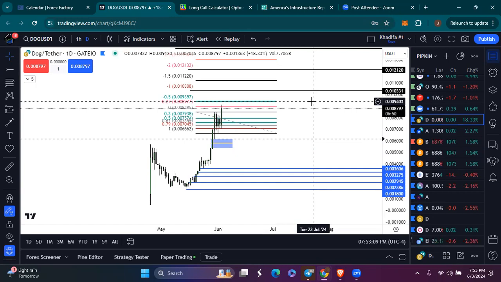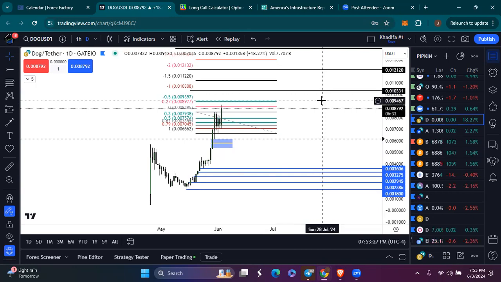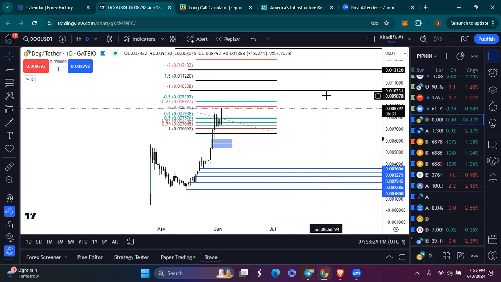And at 90 cents, I'll leave 15% of my holdings in to ride the rest of the way for price to do whatever it does, whether it keeps flying up or whether it just falls down to zero. That's what I'll leave in, right?